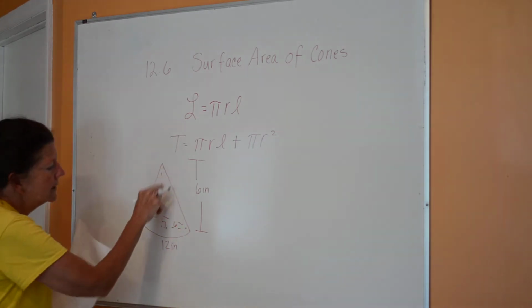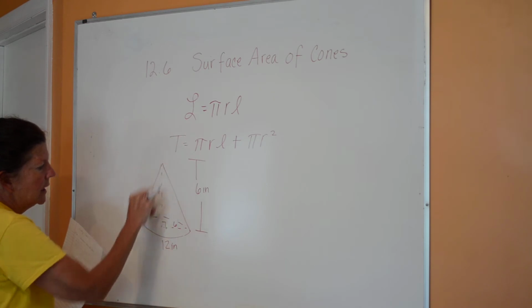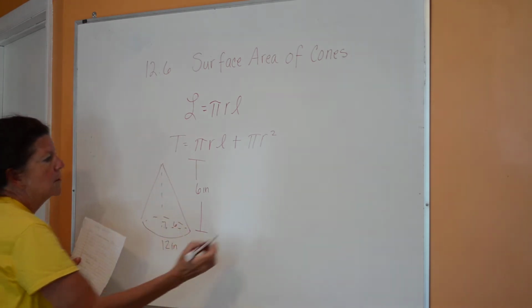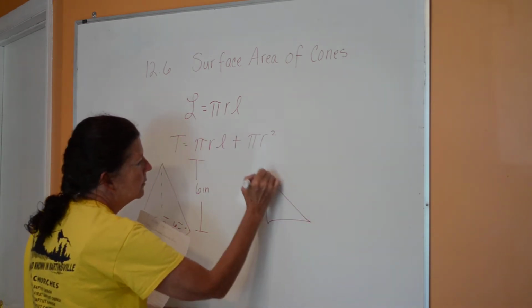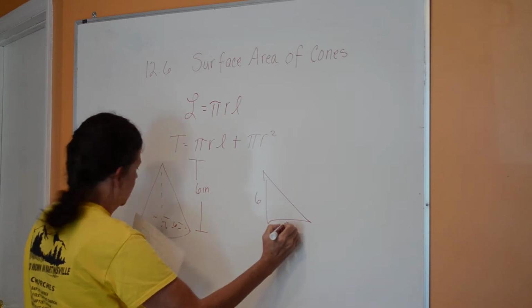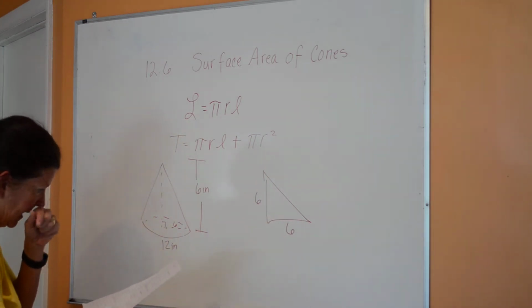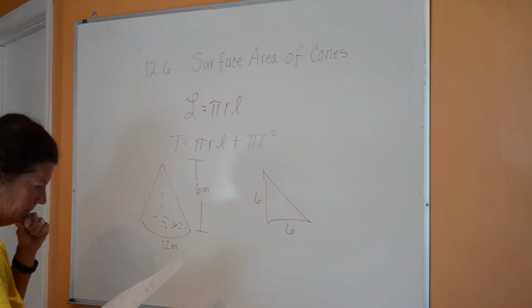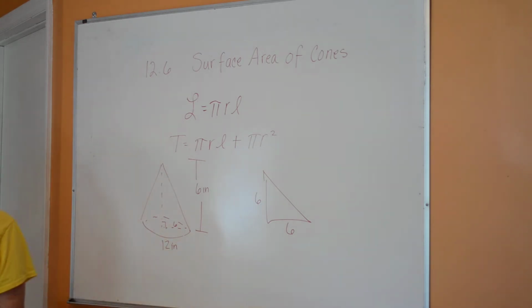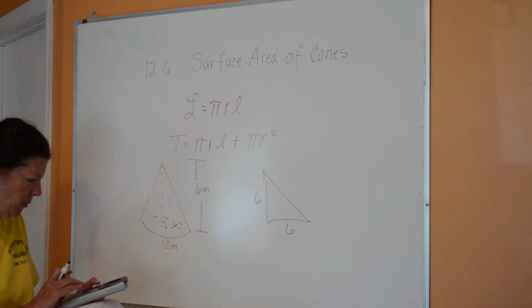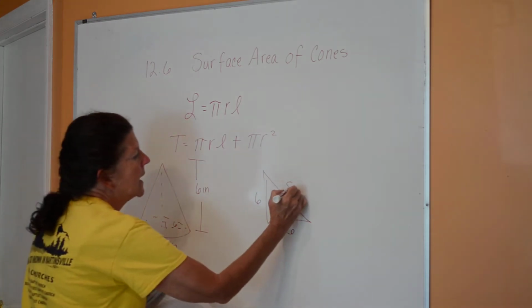The slant height is going to be the hypotenuse in this right triangle. So I've got this right triangle that's 6 high and 6 wide, so it's 36 plus 36, which is going to give me the square root of 72. I think it's going to be about 8.5.